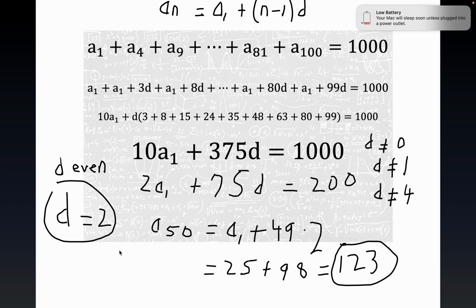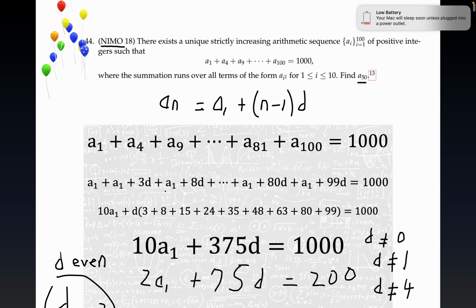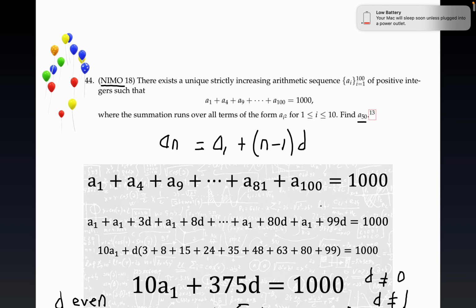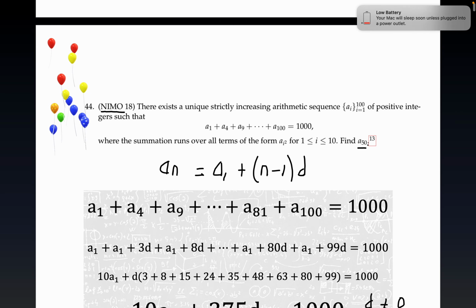The first term, a1, is equal to 25, and that was obtained from right there. So anyway, that does it, folks. 123 right here.